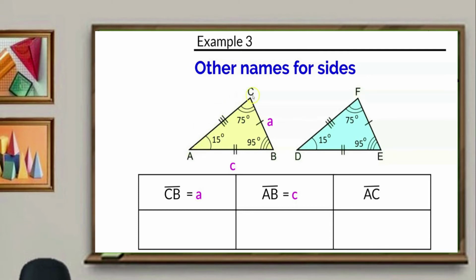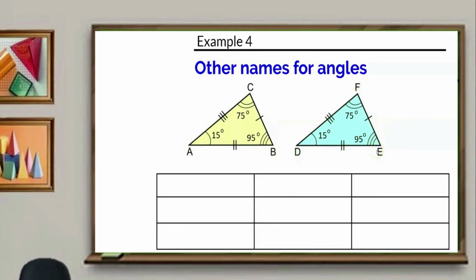Side AC is opposite angle B. Then side AC could be little b, and we can name the second triangle in the same way.